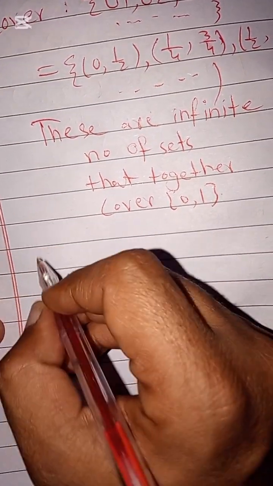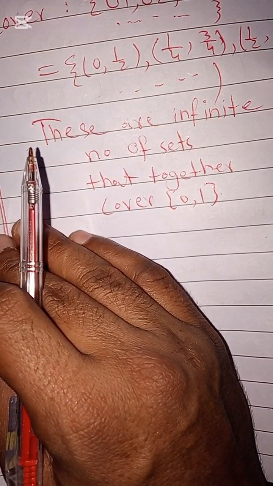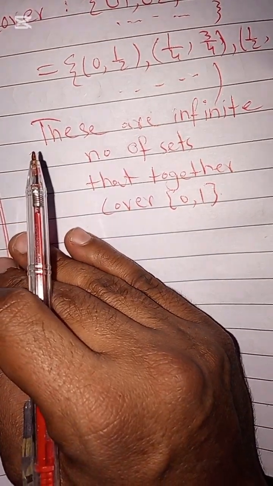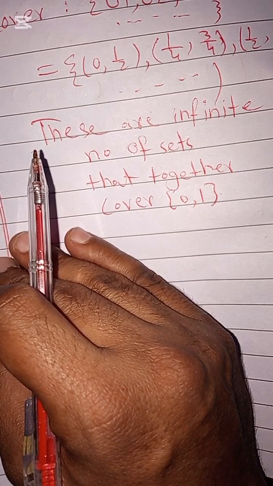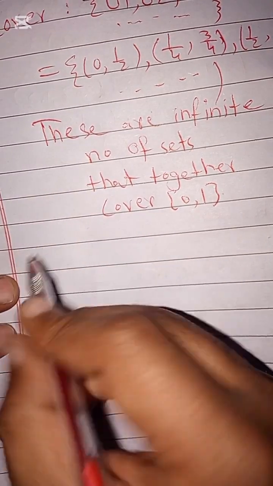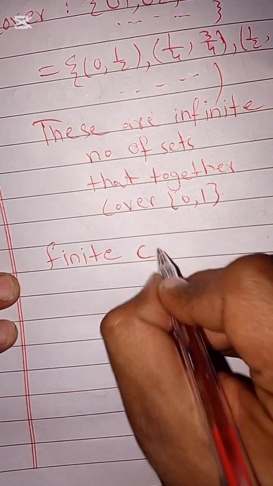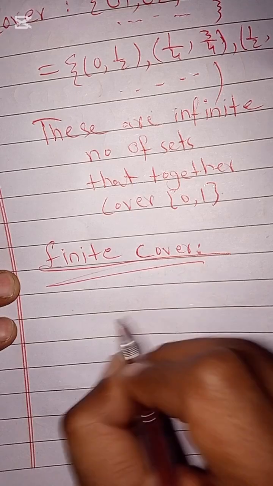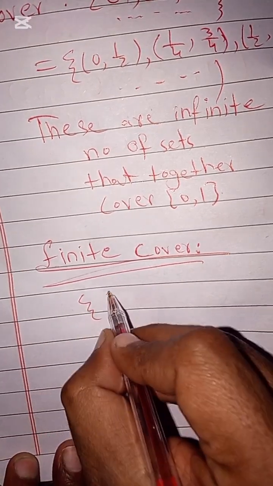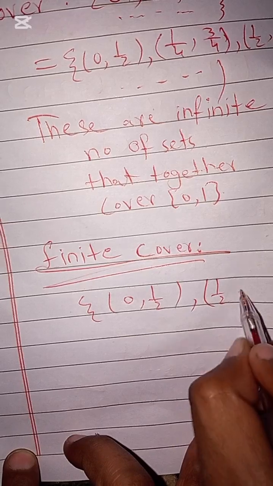But if we take any three or any two of them that satisfy all the conditions of a cover, then these are called finite subcovers. So a finite subcover we can take like that: 0 comma 1 by 2 and 1 by 2 comma 1.